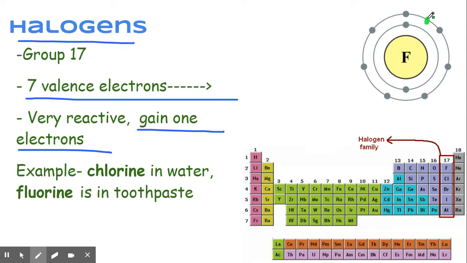If it gains 1, now it has 8 and it's stable. So in terms of energy, what do you think would be more favorable? Gaining 1 electron or losing 7? So obviously gaining 1 is going to be a lot easier than losing 7, right? So that's why it reacts in that manner. And because it only has to gain 1, it makes it very reactive.